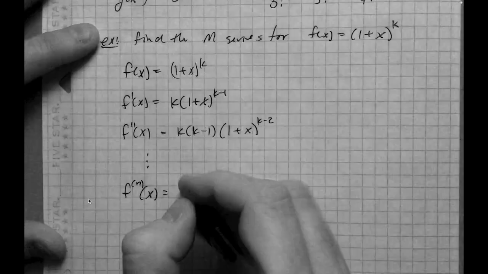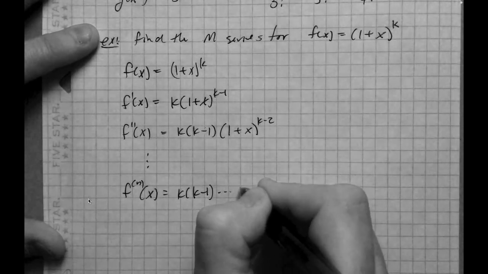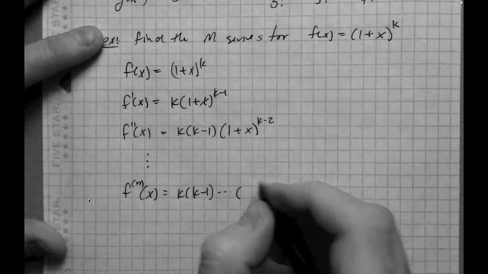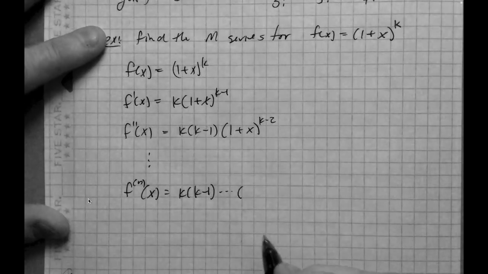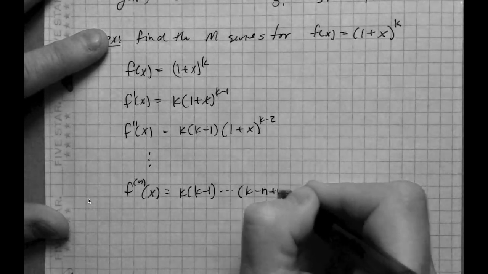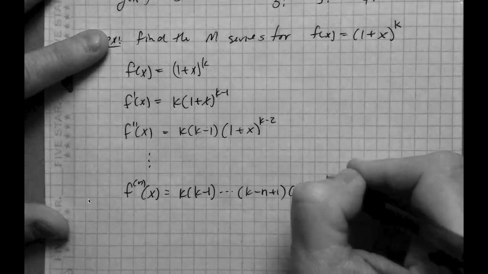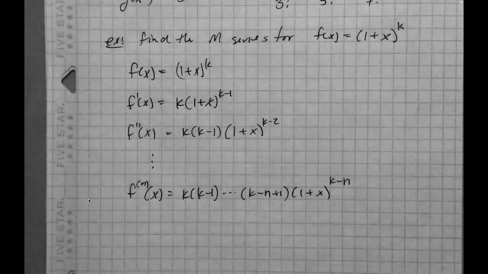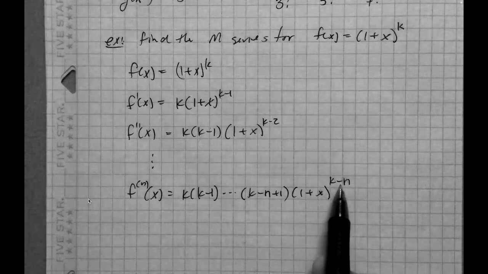Well, it's k times k minus 1 times, now what's the last one going to be? Well, we keep dropping these down all the way to n, so what's left would be k minus n plus 1, and then it'll be 1 plus x to the k minus n. So the last term to drop down would be k minus n plus 1, because this is k minus n.